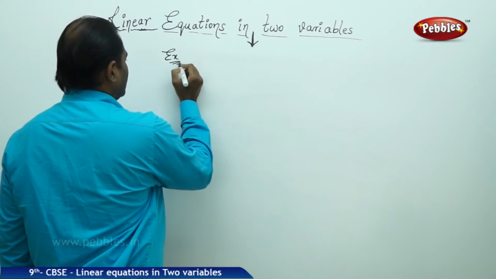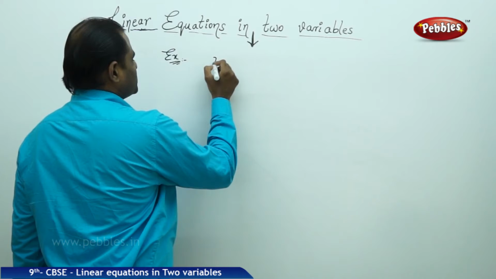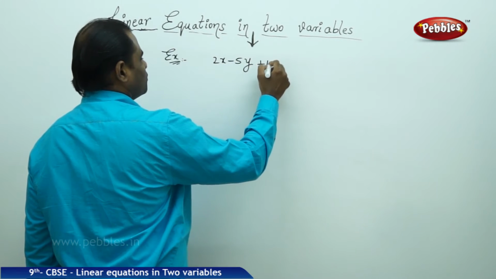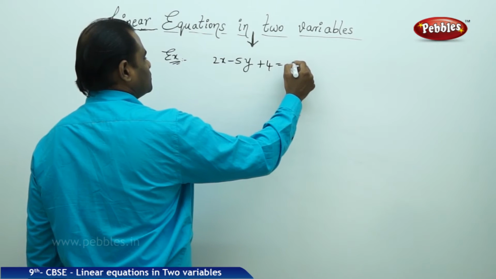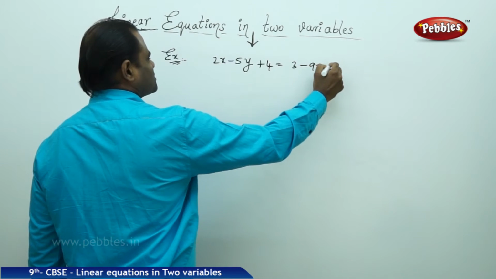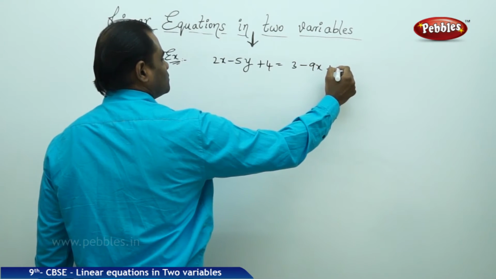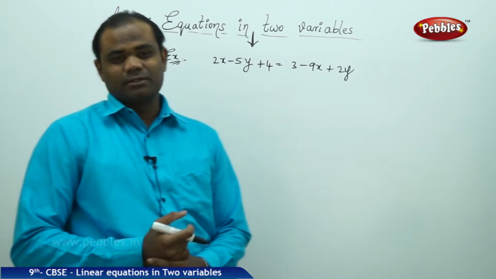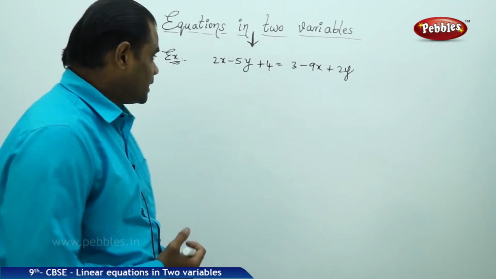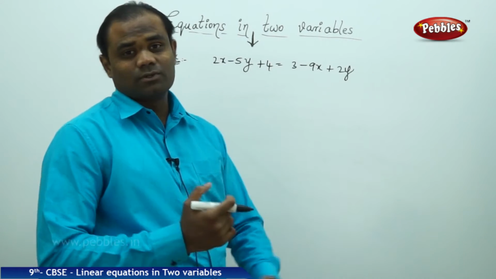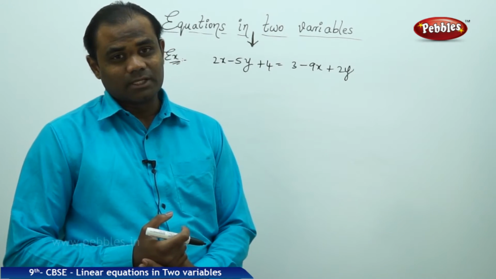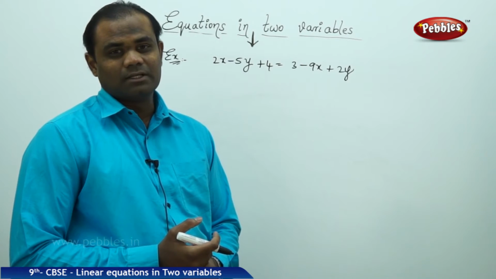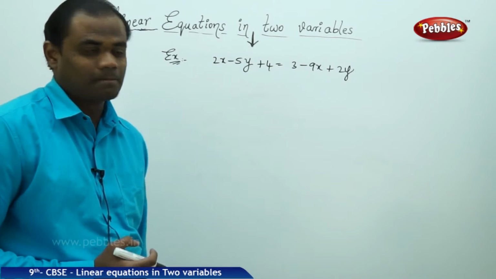For example, I have an equation which says 2x minus 5y plus 4 equals 3 minus 9x plus 2y. Now this expression clearly makes me witness that this is not equal to 0. So do I call this a linear equation or do I call this an equation? Let's see how we can justify.